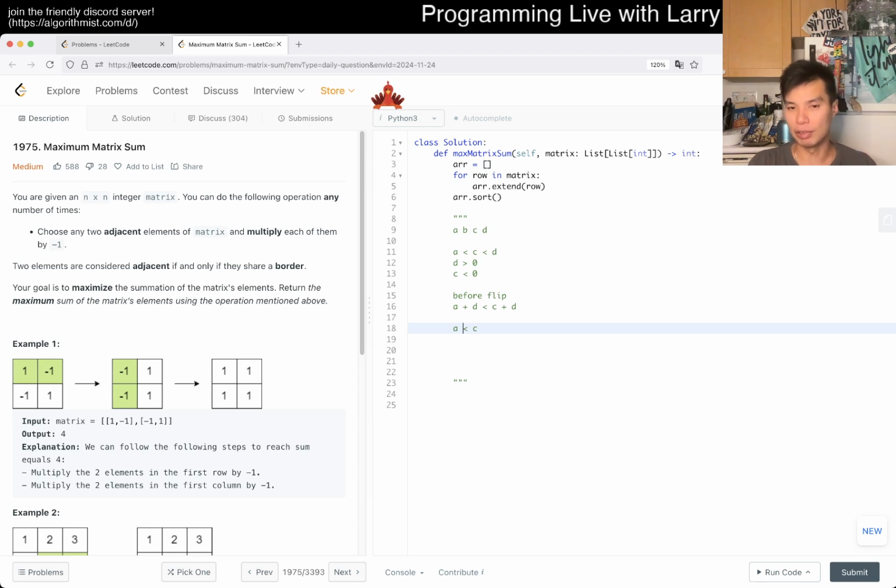It's one number, so it will be C is less than A, which we already know, but it's just put another way, right? So then after the flip, A plus D is going to be greater than C plus D, and so A is greater than C after the flip, so we always want to choose A, right? Is this the right argument though?